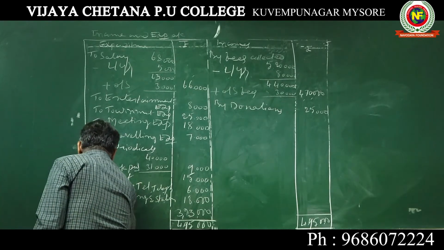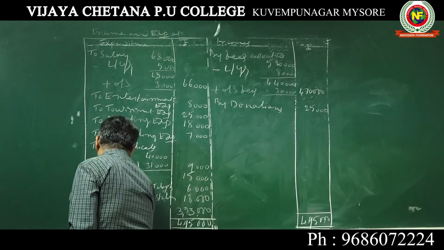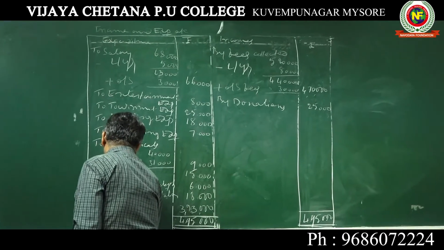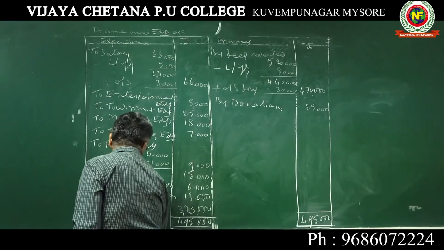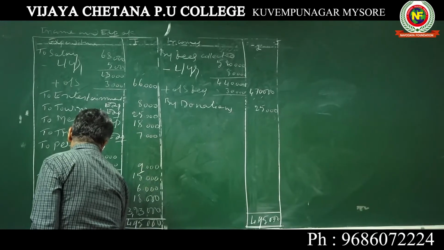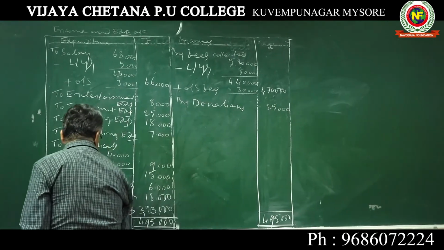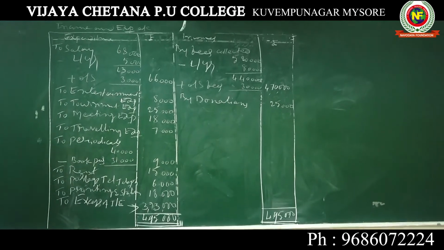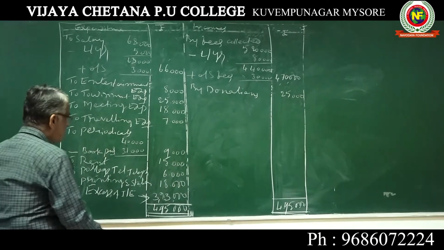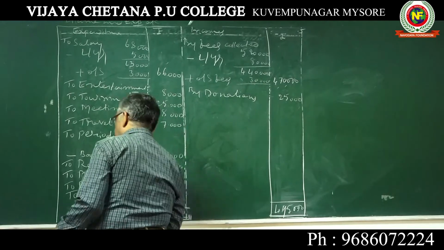The difference is the excess of income over expenditure, rupees 3,23,000. This is the answer you are supposed to get.